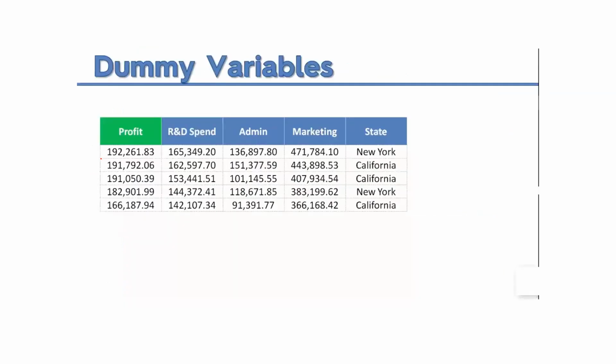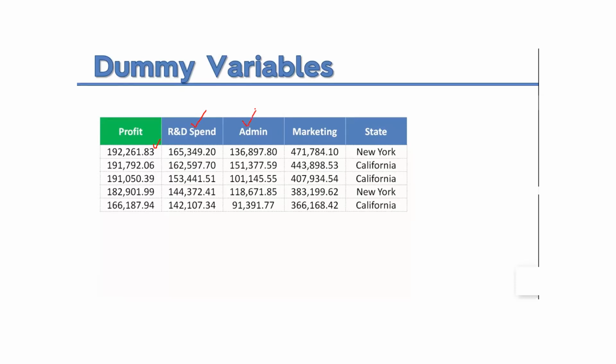Okay. So here is a quick example of some data. Imagine a scenario, going one step deeper here, guys. The profit of a company may depend on research and development.